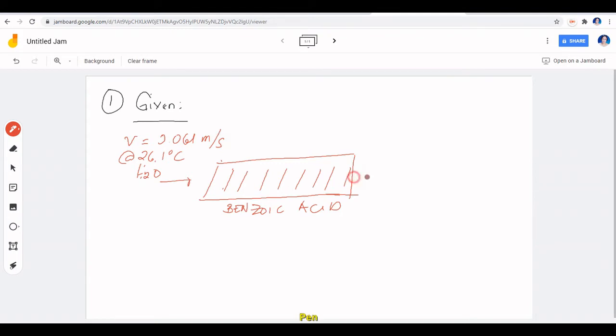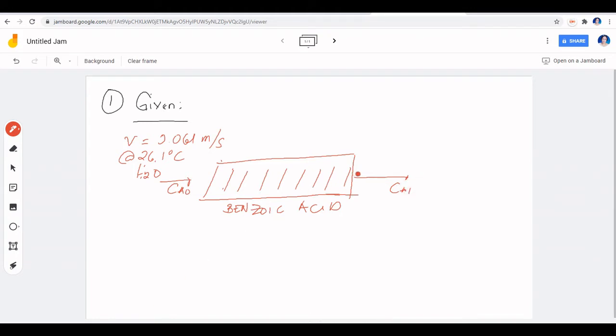Now, this benzoic acid here at the part wherein it's going to pass through, at the inlet part of the flat plate, we have the concentration here labeled as C sub O. And the part in here where it's going to leave this particular length of benzoic acid flat plate, will have it as C sub 1. Okay.